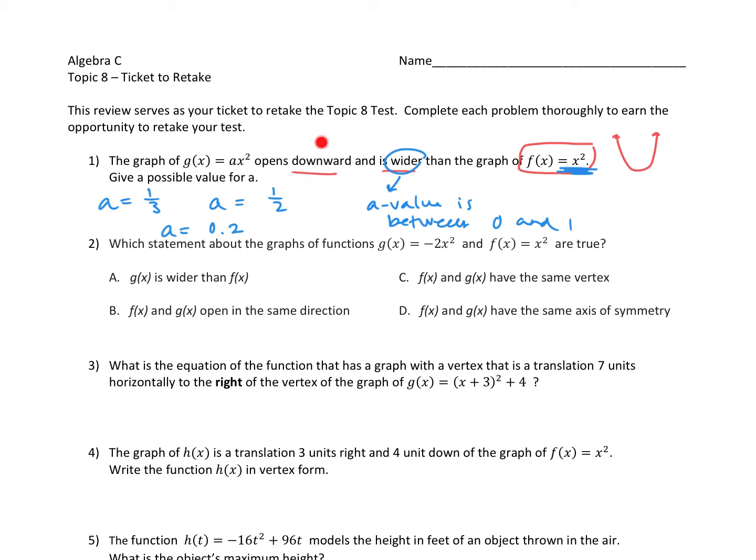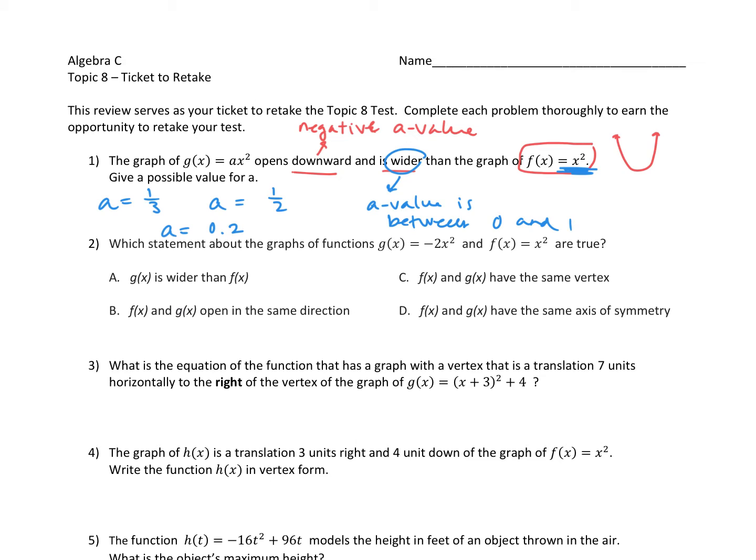And then for us to make this parabola open down, a values that are positive open up, a values that are negative open down. So I'm just going to make a note for it to open down. That means we need a negative a value.